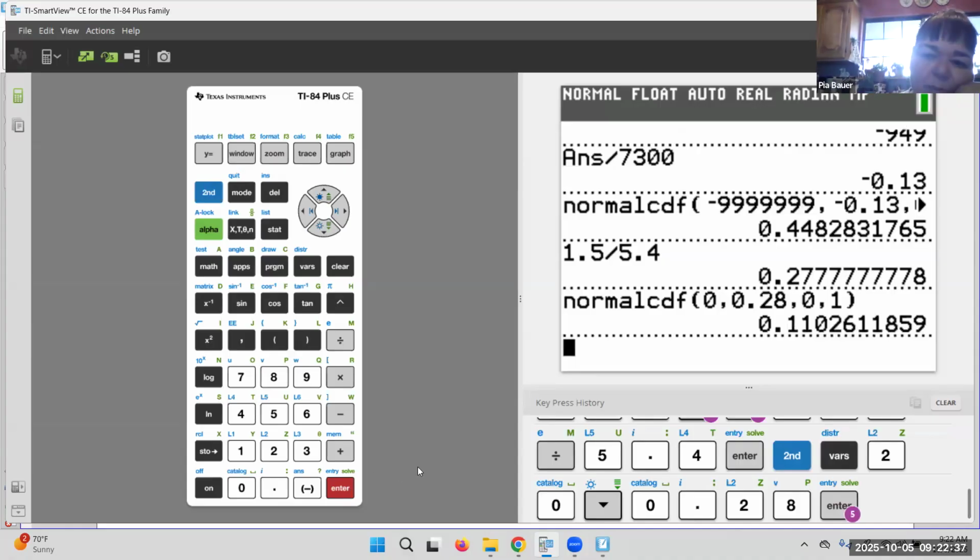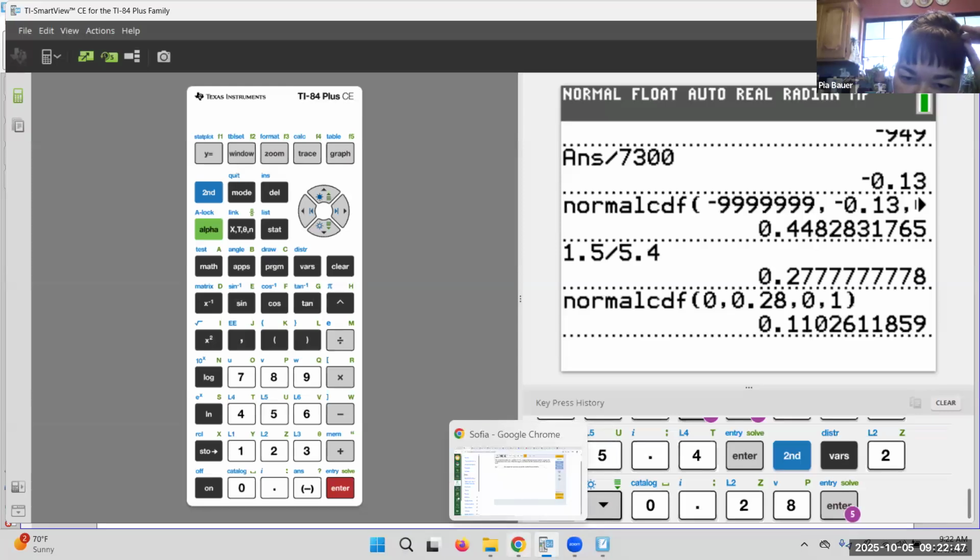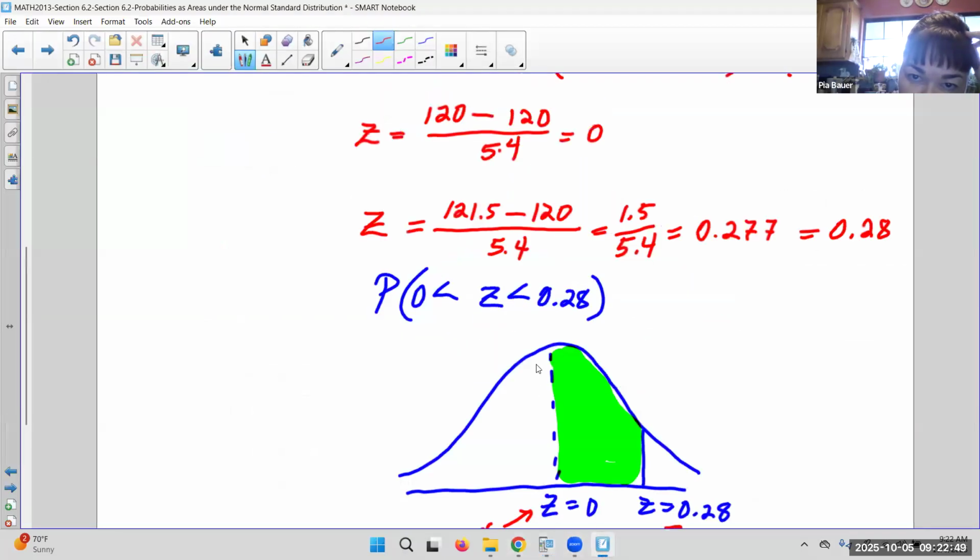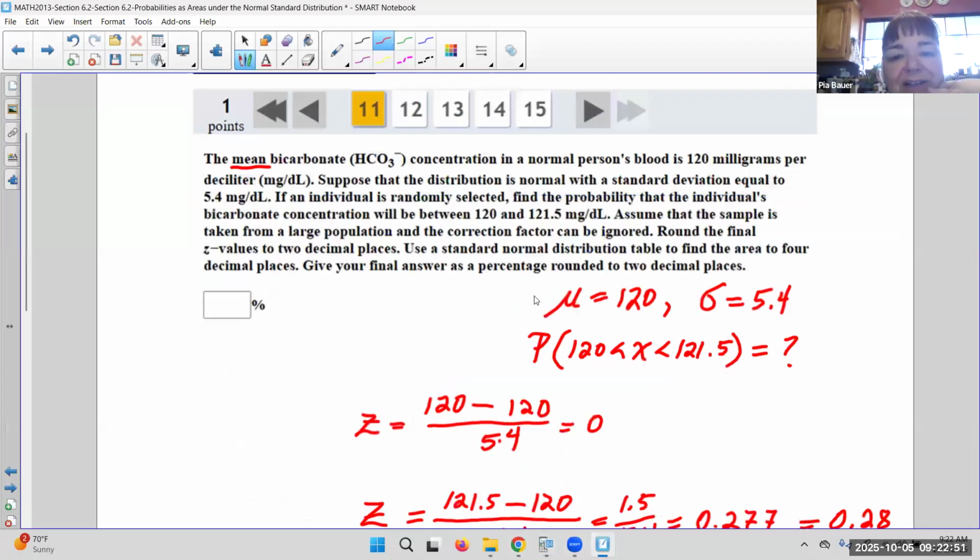And that gives us 0.1103. So this is when you're getting the area and they ask you to give the final answer to 2 decimal places, but the area actually is that probability that we're getting.